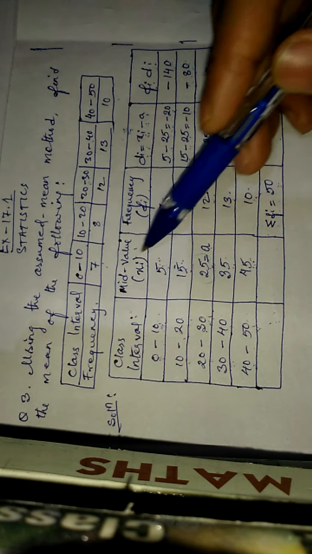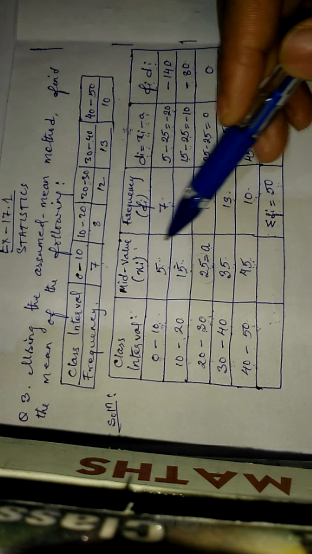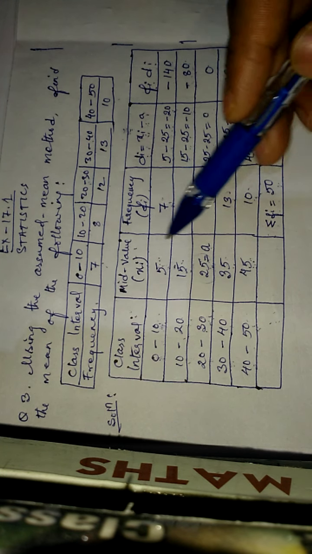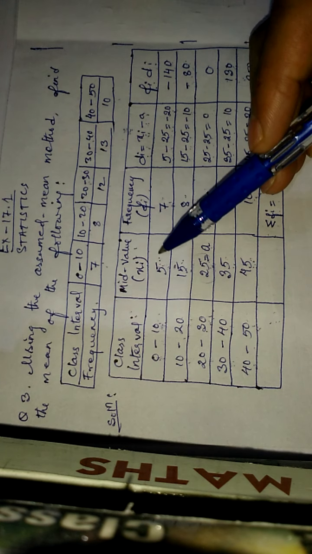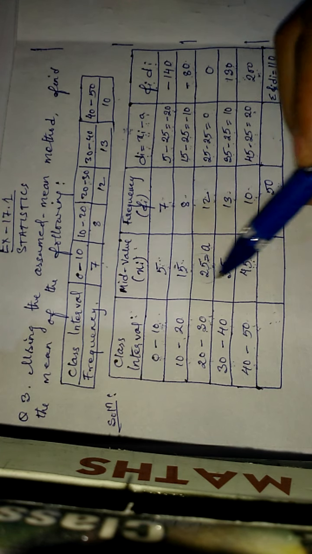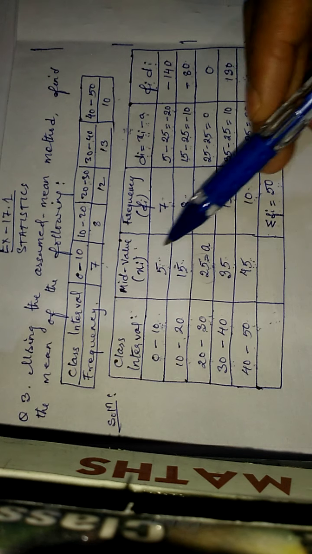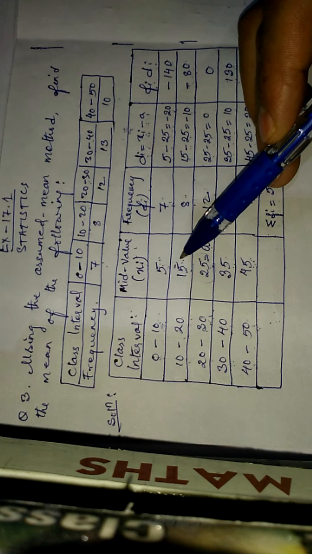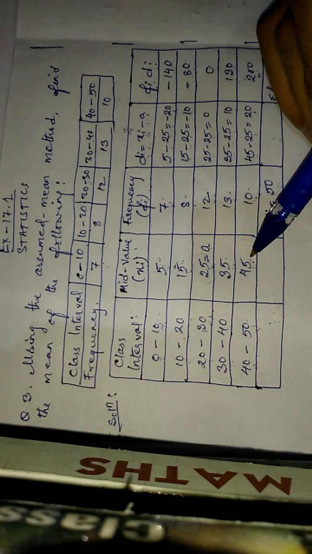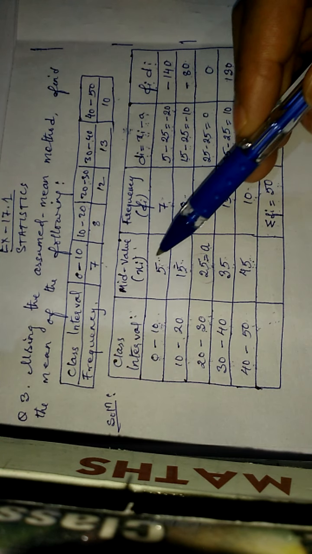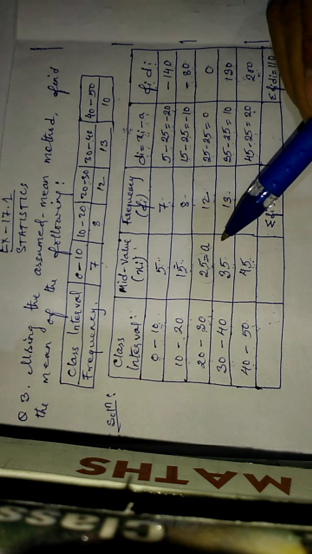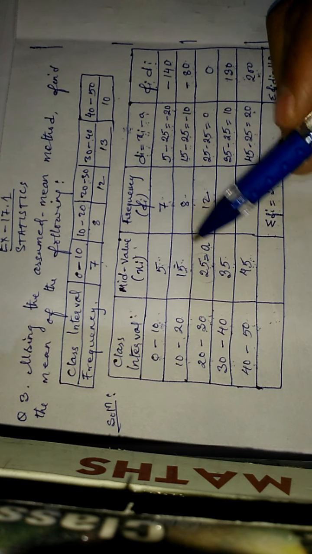From these mid values, we have to assume a value for the mean. So how do we assume the mean? Let's see. Here we have 1, 2, 3, 4, 5 mid values. From these 5 mid values we have to assume the mean.